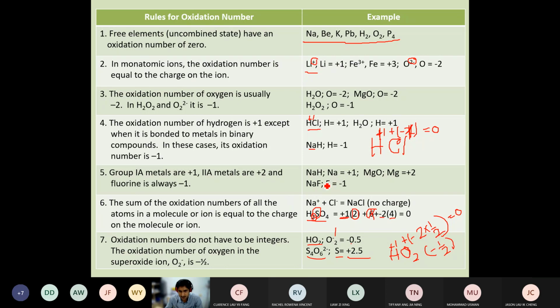Anybody can ask the question: how can oxygen take only half of an electron, or sulfur give 2.5 electrons? It depends; we also have to see the structure of that compound, how the atoms are bonded to each other and how they are sharing the electron.